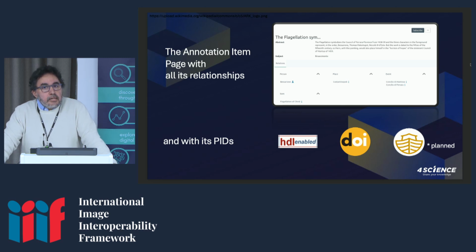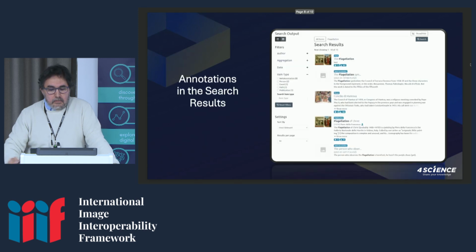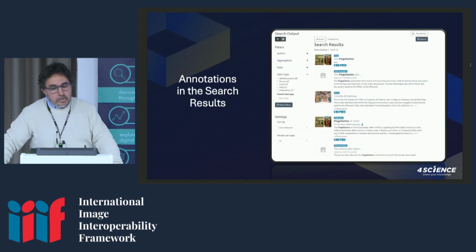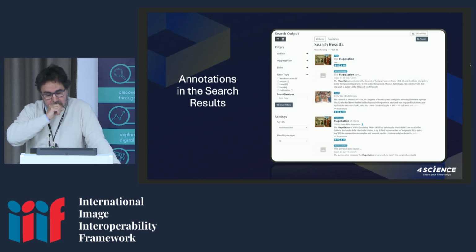And moreover, as a DSpace object, you can expose the annotation by means of interoperability protocols like OAI-PMH or with a SPARQL endpoint, and you can also export them in an archival information package format according, for example, to the METS standard.